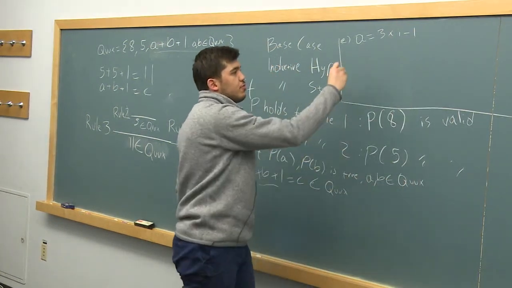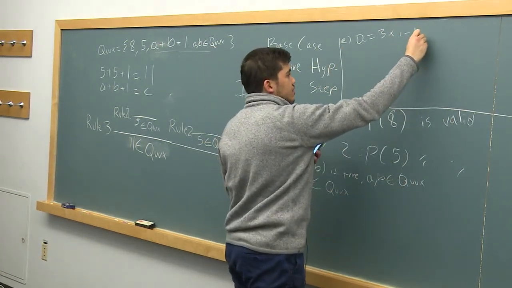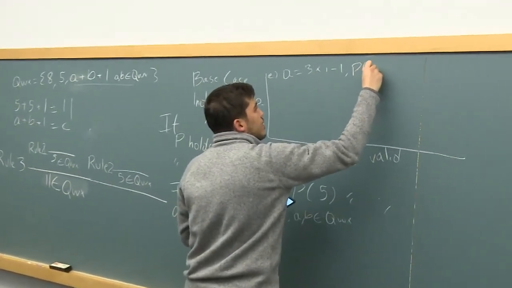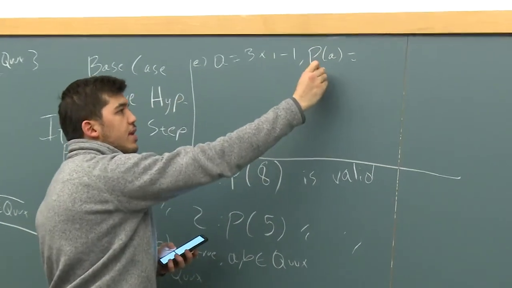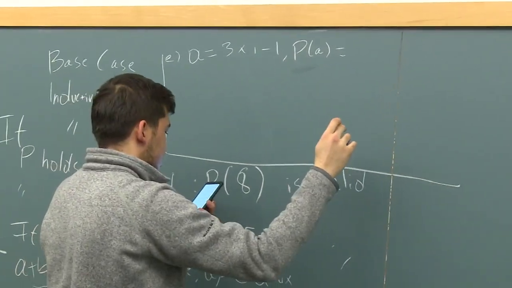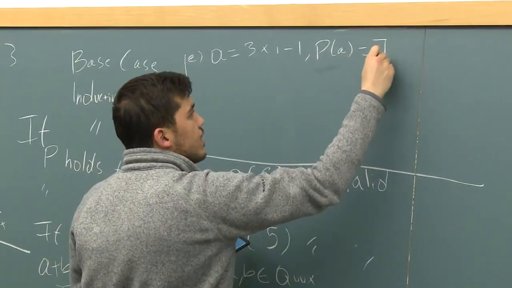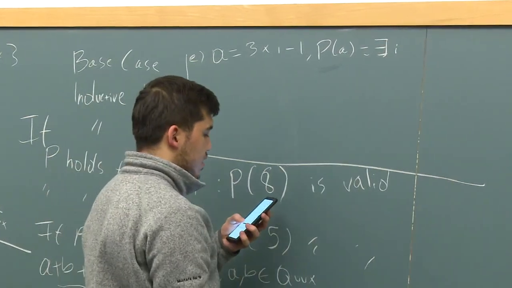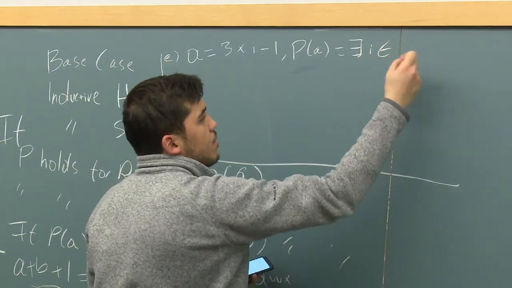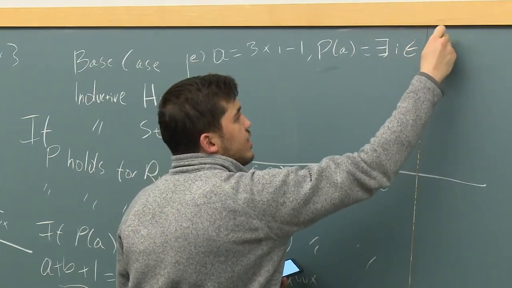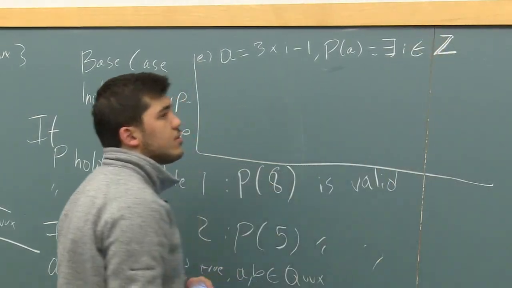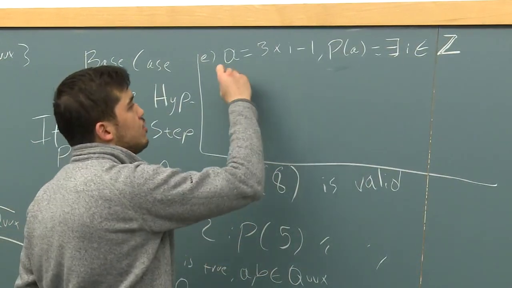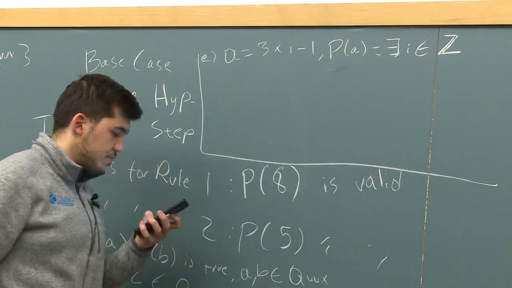We would be doing a proof by induction on this fact right here, where the property of A is such that there exists a given I that is a member of the set of integers. So that's what the Z stands for, set of integers.